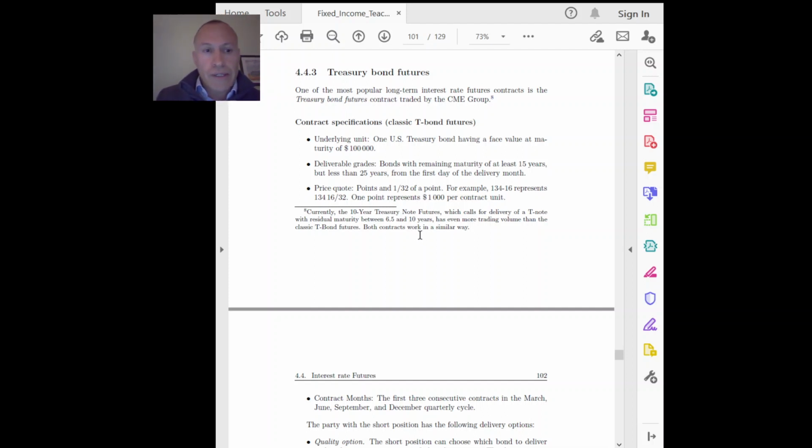Right. So again, the underlying is a U.S. Treasury bond, okay, with a face value at maturity of $100,000. And now, more specifically about the maturity, what is really the underlying is not one specific bond. The contract can be fulfilled with a bond whose maturity is between 15 and 25 years.